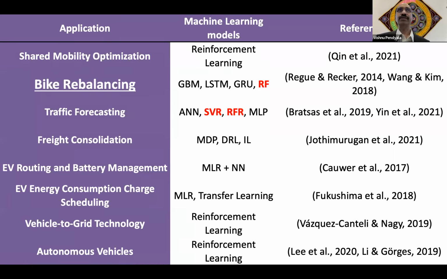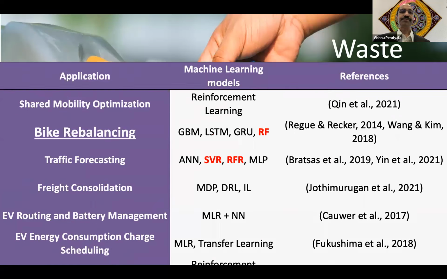V2G stands for vehicle to grid. So you can actually transfer power from the electric cars to the grid to balance the demand and supply. Not only to grids, you can actually power homes and buildings from the energy storage in your cars. So there's a huge potential there, and machine learning is used for predictions in this space as well.